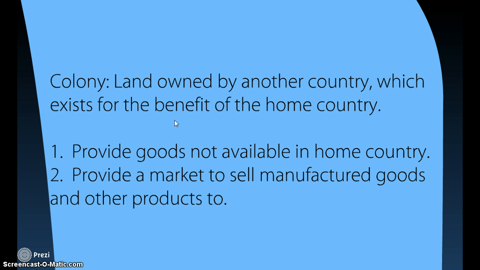You have to send the cotton or the sugar or the tobacco to Europe. The people in Europe are going to make it into alcohol to drink, or tobacco to smoke, or clothes from the cotton, and then sell it back to you. Even wood, they would chop down the forest, send the wood back to Europe, and they would make furniture and stuff out of the wood and sell that back to the colonists.